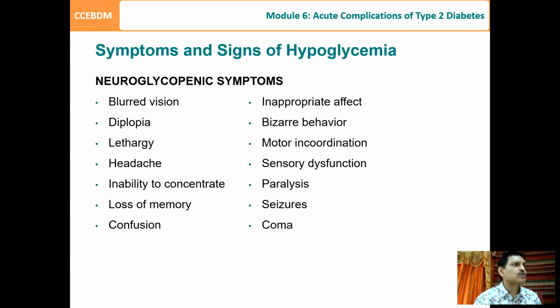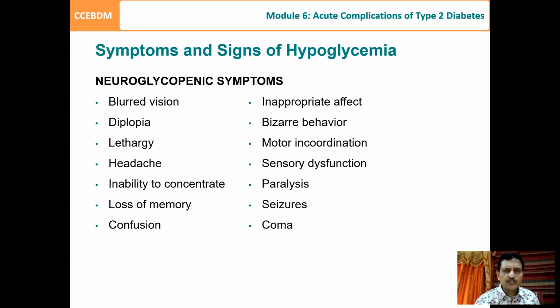There may be a possibility of neuroglycopenic symptoms, but this usually occurs when the hypoglycemia is quite severe and has gone below, say, 40 or 35 milligram per deciliter. So: blurred vision, diplopia, lethargy, headache, inability to concentrate, loss of memory, confusion, bizarre behavior, motor incoordination, paralysis, seizure, coma.